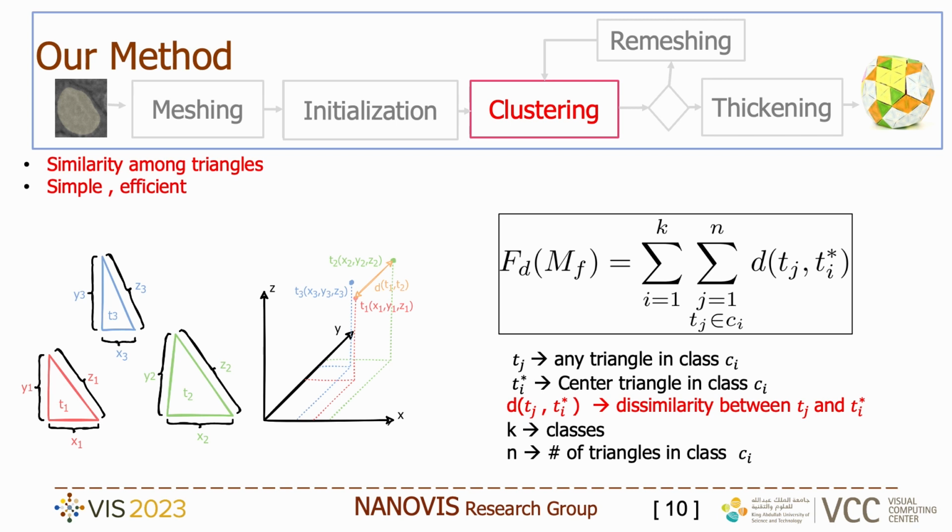Here d is the distance between the 2 points, indicating dissimilarity between Tj and Ti*. Next, we have to use remeshing to increase similarity among the triangles and minimize these individual distances, which makes the overall cumulative distance minimized.